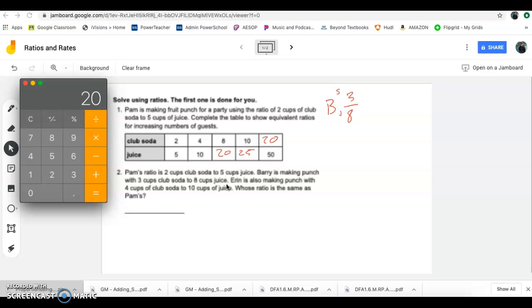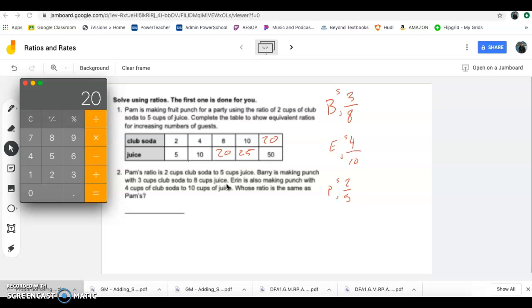And then Erin's over here doing her thing with 4 cups of club soda to 10 cups of juice. Whose ratio is the same as Pam's? All right, so Pam's, if you remember, is over here. It's 2 to 5. We have soda to juice.